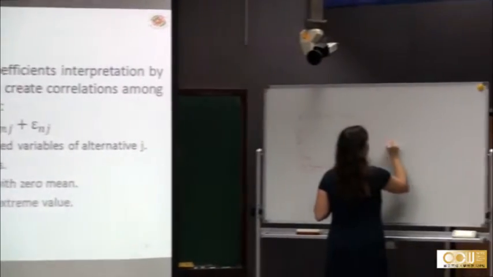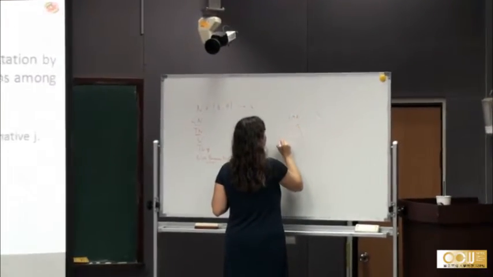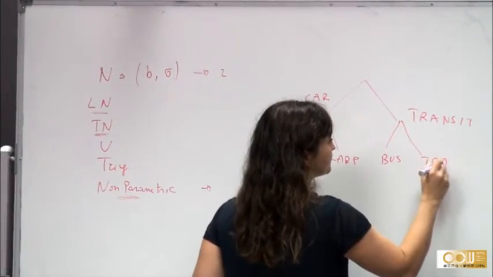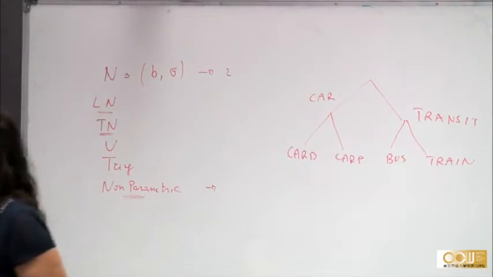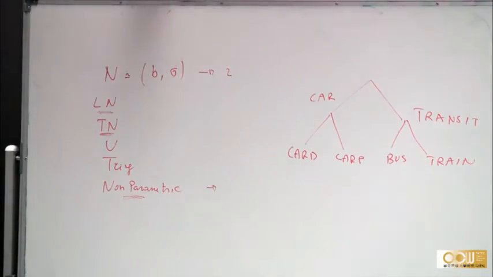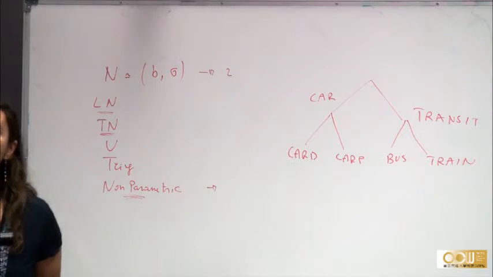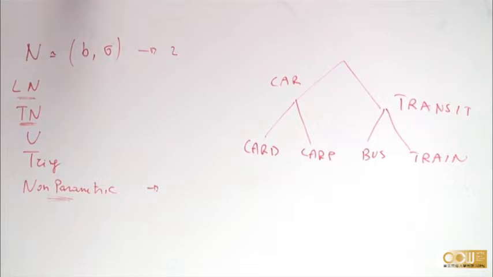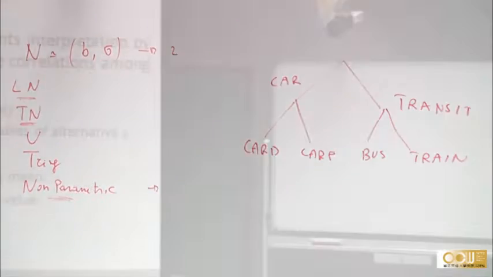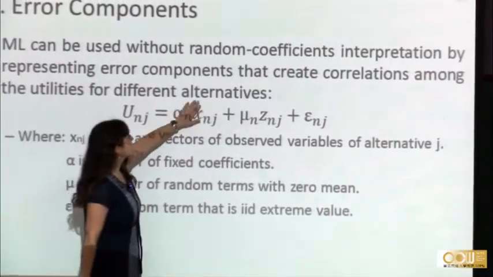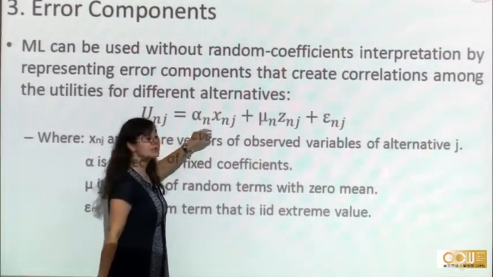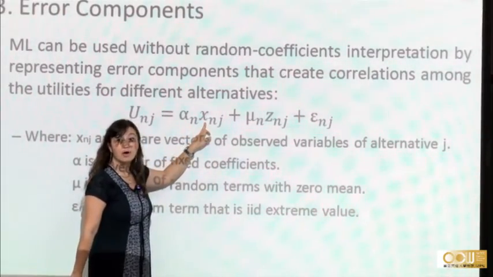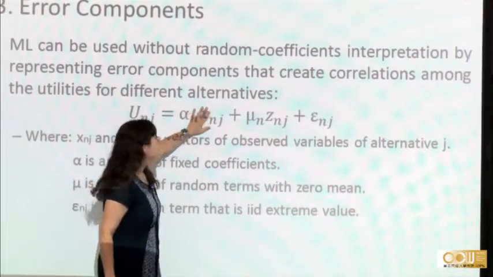For example, our example, this was car driver, and this was car passenger, and this was train. So we did that with the nested logit, but you can do this also with Mixed Logit. How can you do that? You have to change the specification of your utility. Suppose now that this is constant, and these are the normal variable in your model. So this is like logit for now.